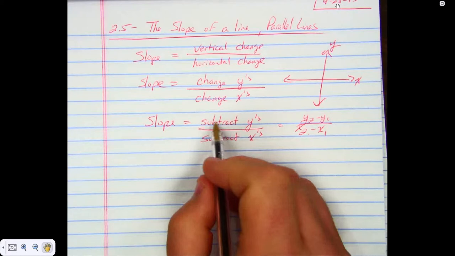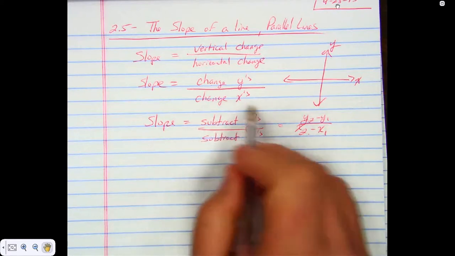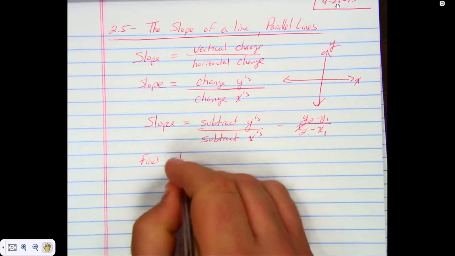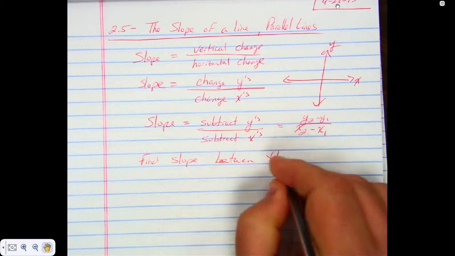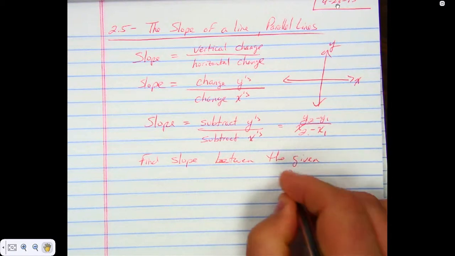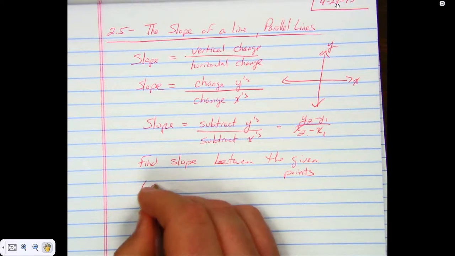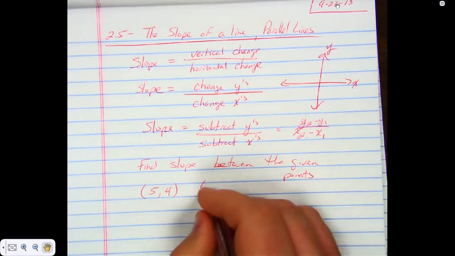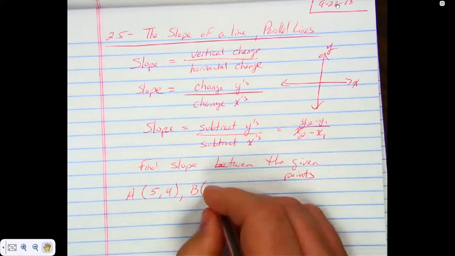So with that in mind, if you make sure your x's and y's correspond, isn't that much easier to think of? If I ask you to find the slope of the line through two points, and I said that point A was 5, 4, and point B, let's make it 3, 1.